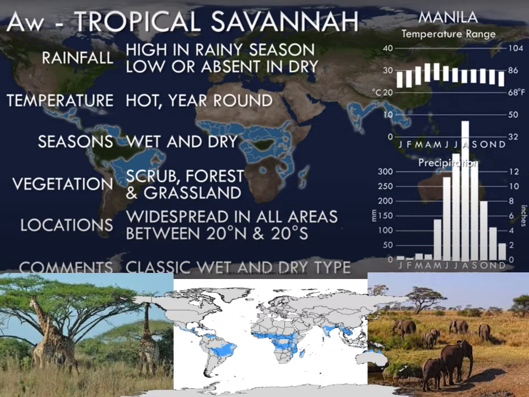Then Aw, tropical savanna. Tropical savanna covers a much larger area in the tropics. If the dry season is completely dry over a long period, savanna and monsoon are mixed up in woodland and grasslands. Because rain is a little lesser but temperature is higher, you will find mostly grasslands and woodlands there.